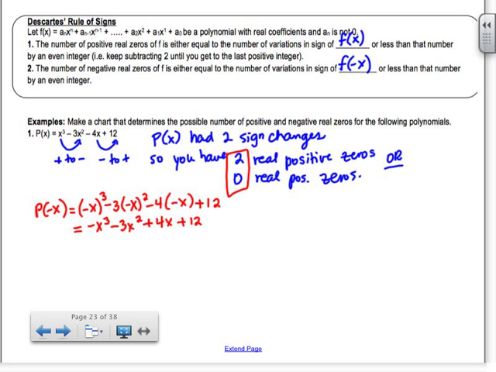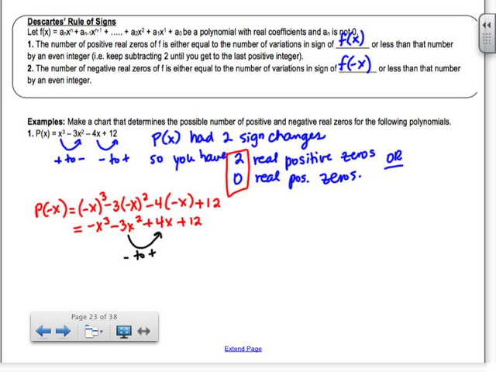So if you count the sign changes on this one, you go from negative to negative, right? Negative x cubed, negative 3x squared. Then you go from negative to positive. And then you have positive to positive, right? So you're just looking at the sign out front. Do you understand the sign change thing?